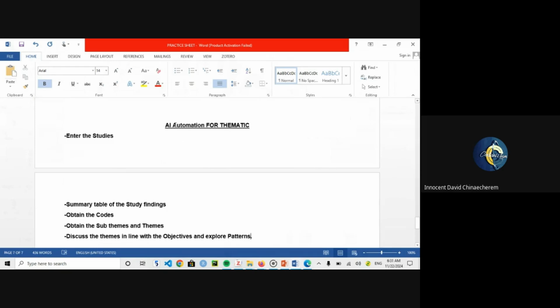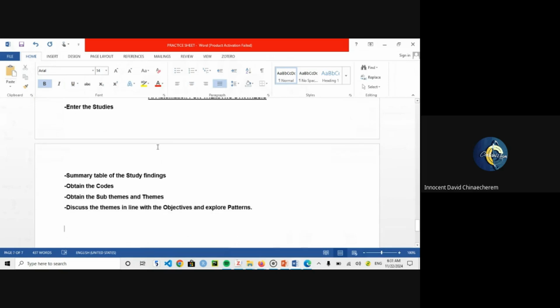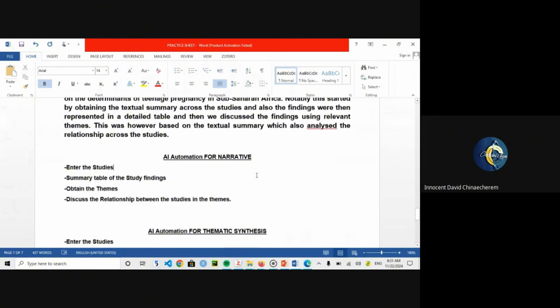So this is still the same way that we're going to do it, but slightly different because of the objective of the data synthesis approach that we're using. If we're using a narrative synthesis, which is quite simple and which we're going to use in our study, we're going to enter the studies and obtain the summary table of the findings.